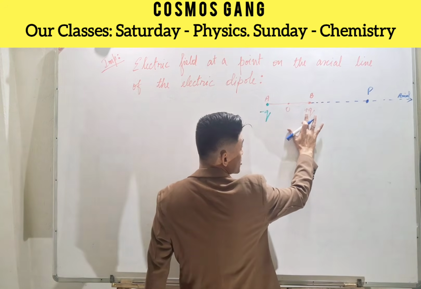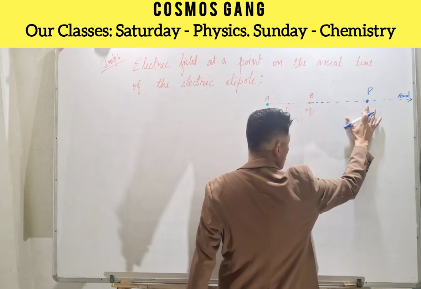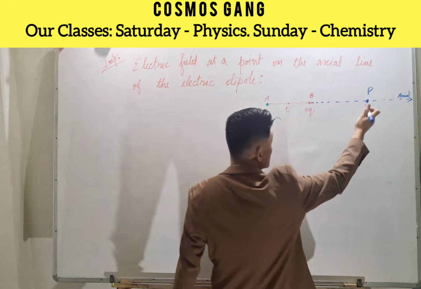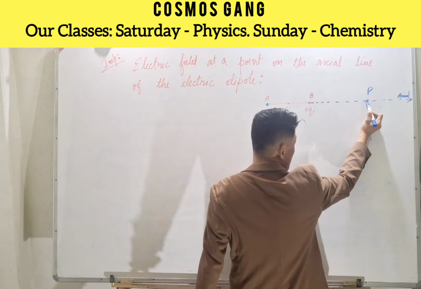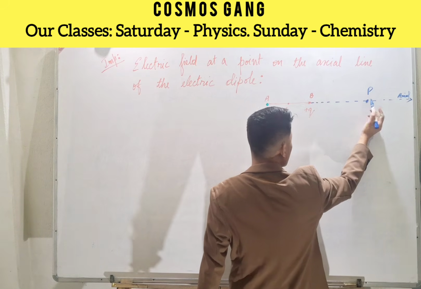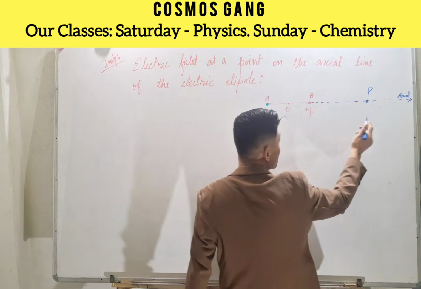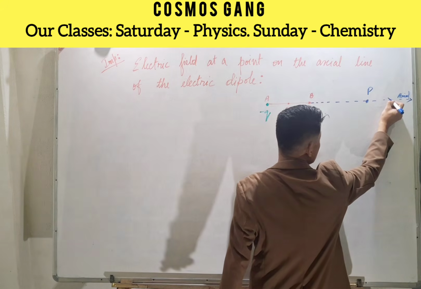Plus Q charge is going to give an electric field in this direction. At point P, there is going to be a test charge, which is always positive. So it will be a repulsive force. That means it is going in this direction.